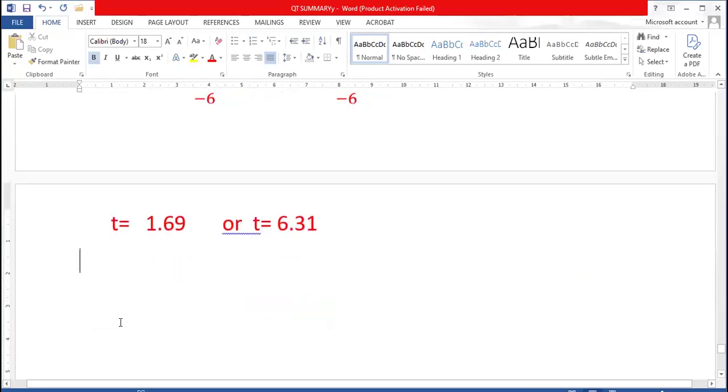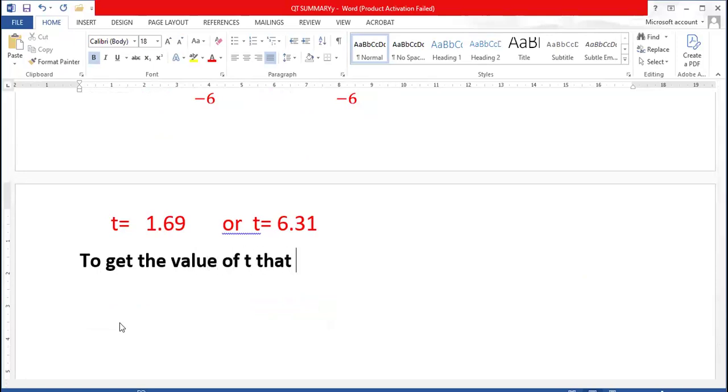So you have to establish the value of T that yields the maximum, or minimum, I don't know. That yields the maximum value.